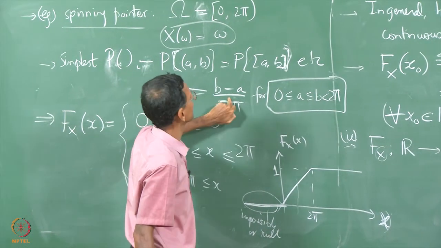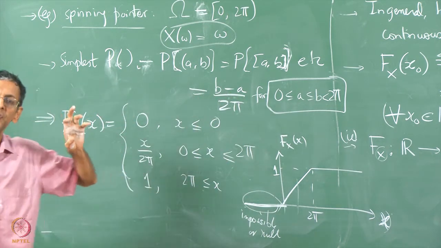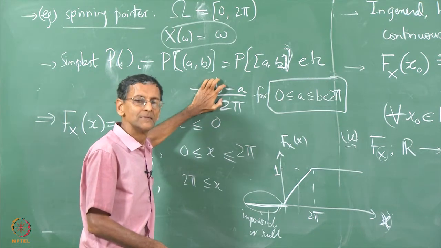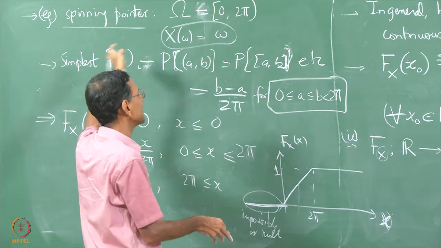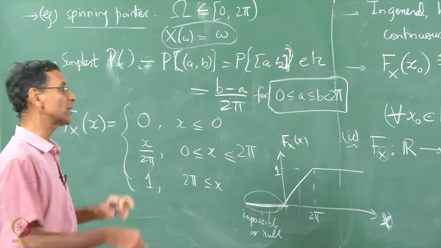Now, why are we assigning probabilities like this? Because we are saying that the probability of an interval is proportional to the length of that interval. So, if you take a longer portion of the dial, it has proportionally higher probability. The entire dial has probability unity.